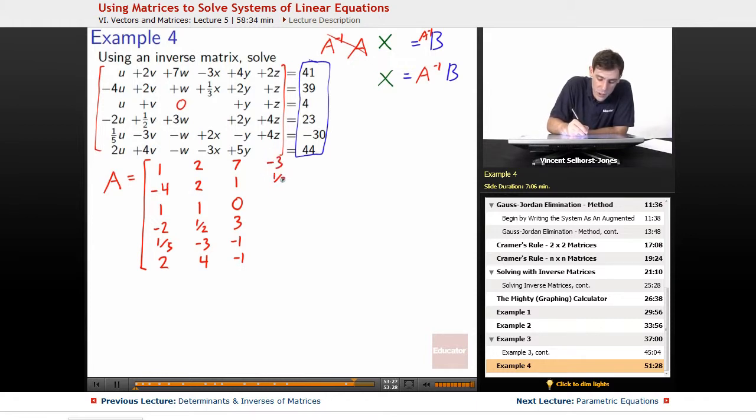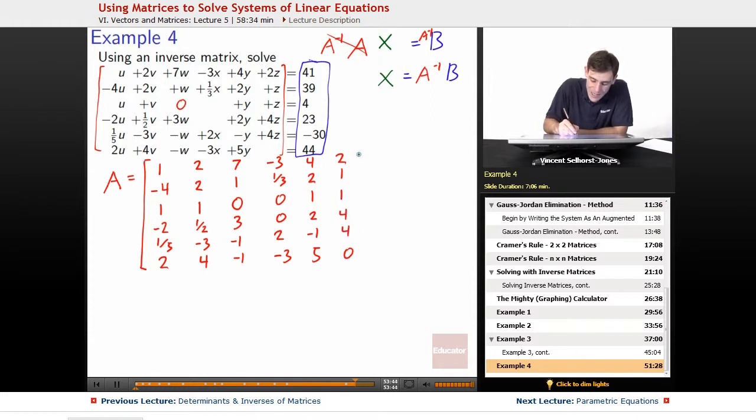Negative 3x, 1/3 x, 0x, 0x, 2x, negative 3x. 4y, 2y, 1y, 2y, negative 1y, 5y, 2z, 1z, 1z, 4z, 4z, 0z.